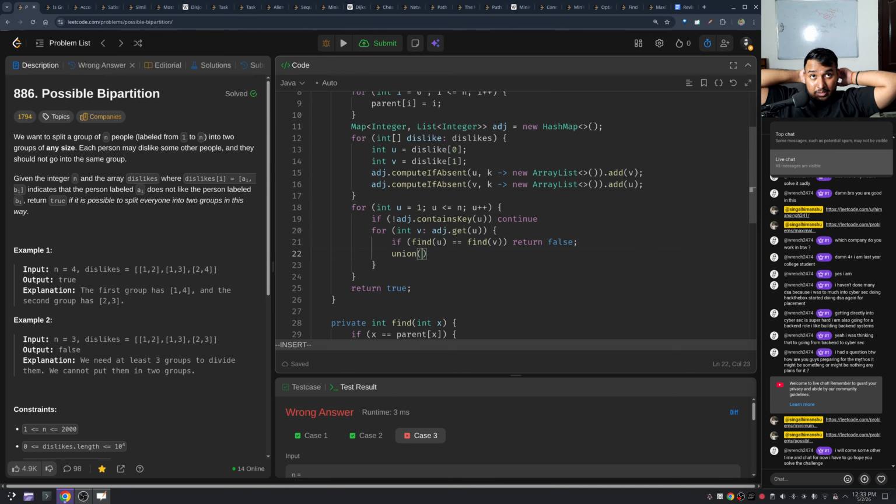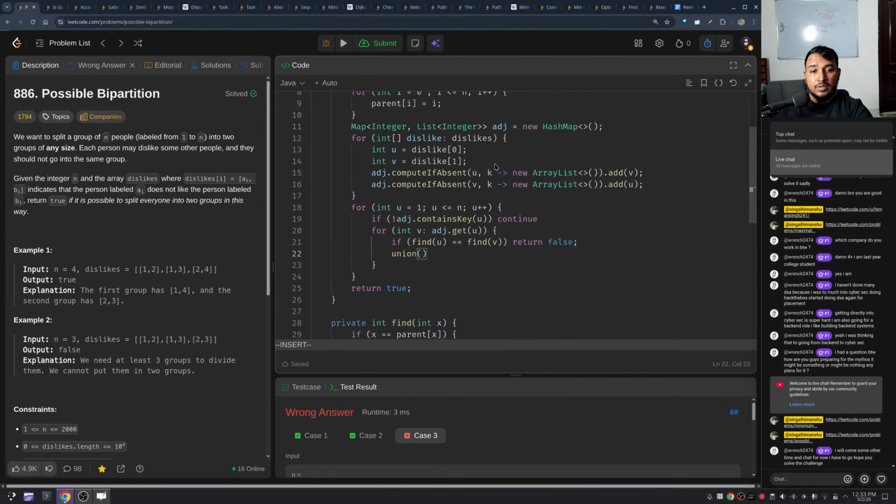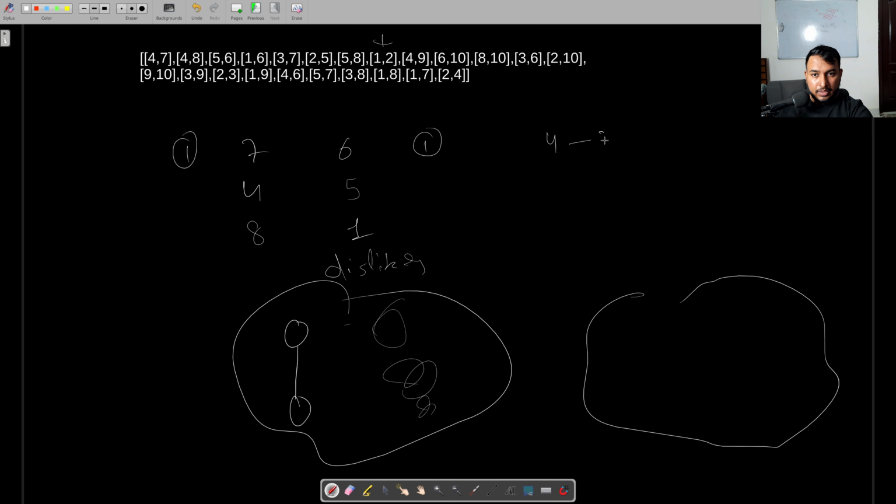So when you union u comma v, there will be a dislike item here, right? Or you union them. So for this, 4 will have 7 and 8, because 4 dislikes 7 and 8.